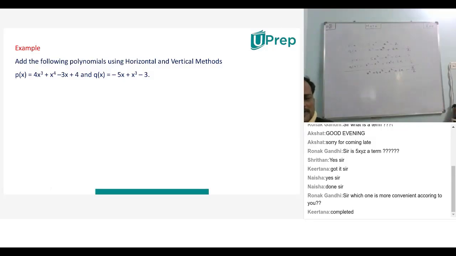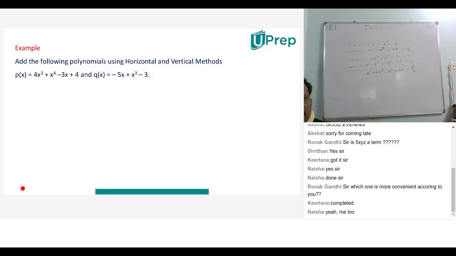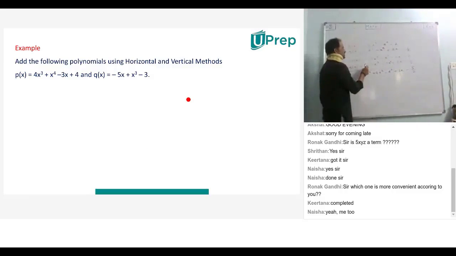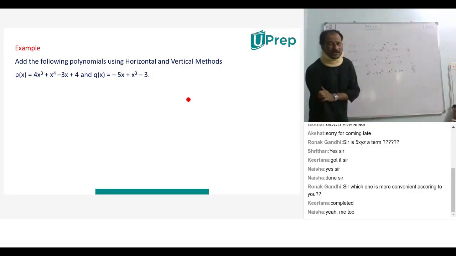Which one is more convenient, according to you? The row method is the best one. Yes, because in the column method we must see the particularity of the degrees. You cannot write the x term directly because here the x term does not exist, so you have to put 0x. Then only you can write the x term under the x term.